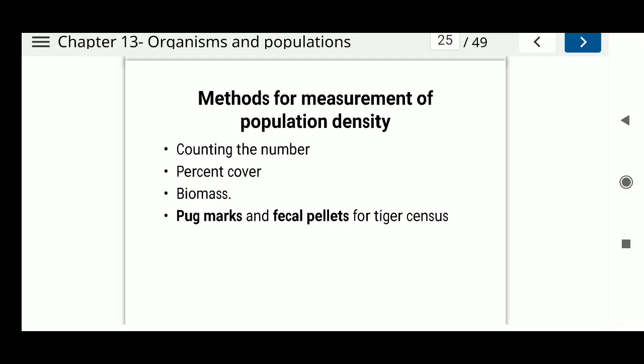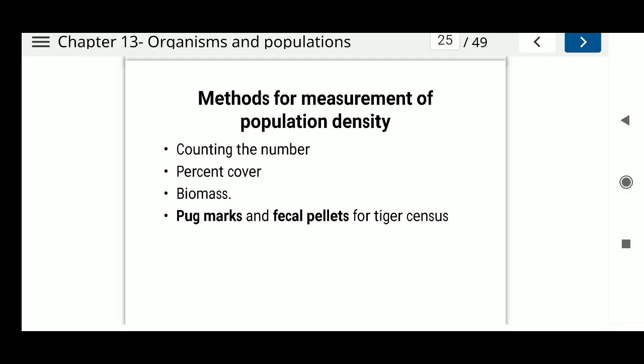we cannot count. If you take a small field, maybe 1000 square meters, and we have to count the population of a particular grass species, how will you count those grasses? Can you count?